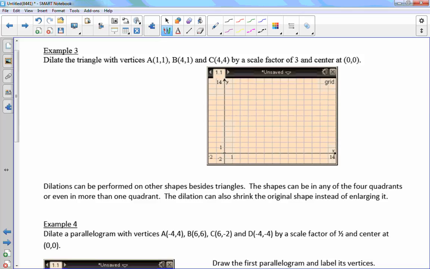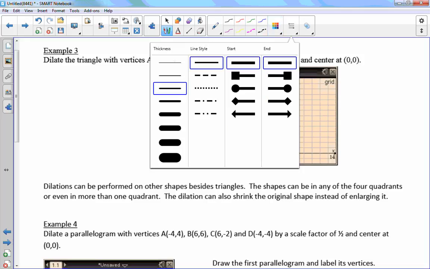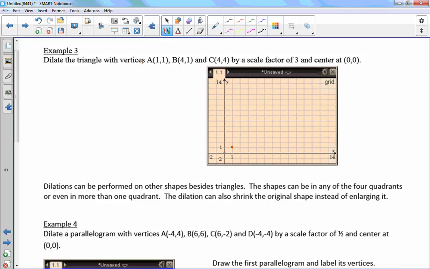And label them. A is 1, 1. Find where 1, 1 is and plot it. And label it A. B is 4, 1. 1, 2, 3, 4.